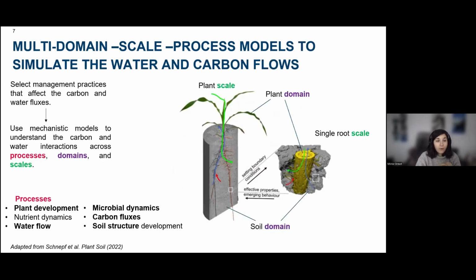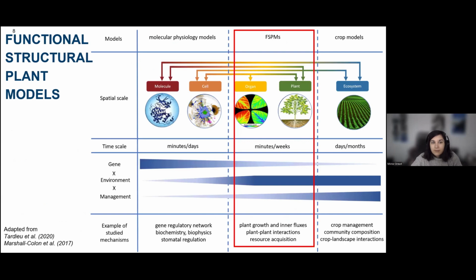But for my project, we looked at the plant and root scale, the plant and soil domains, and a set of processes: plant development, microbial dynamics, carbon fluxes, water flow, and with specific soil structure. For the plant scale, we used an FSPM, which are functional structural plant models.